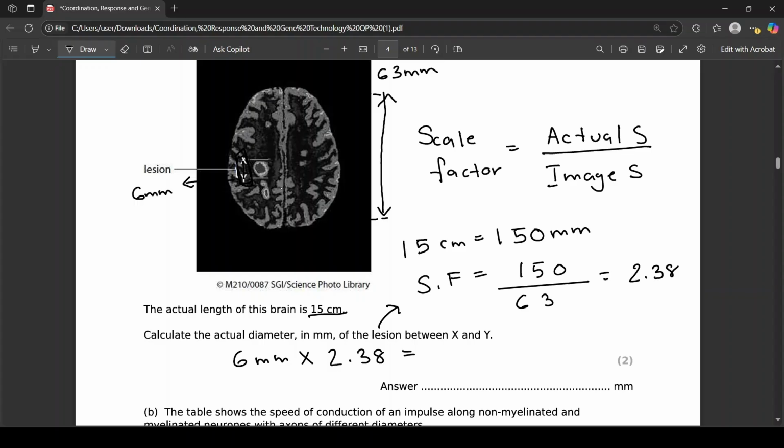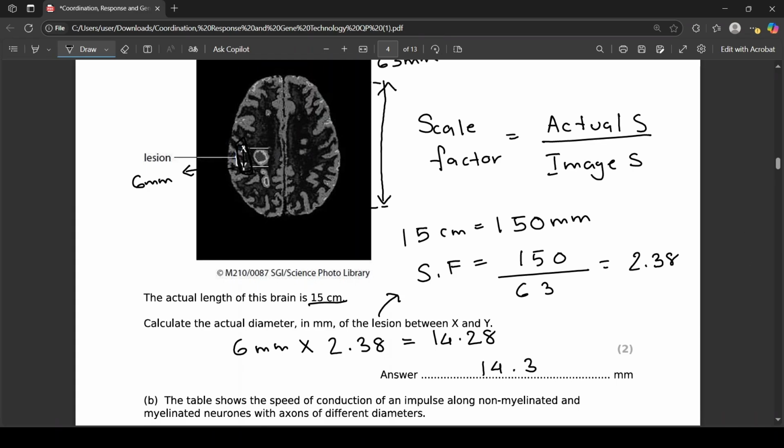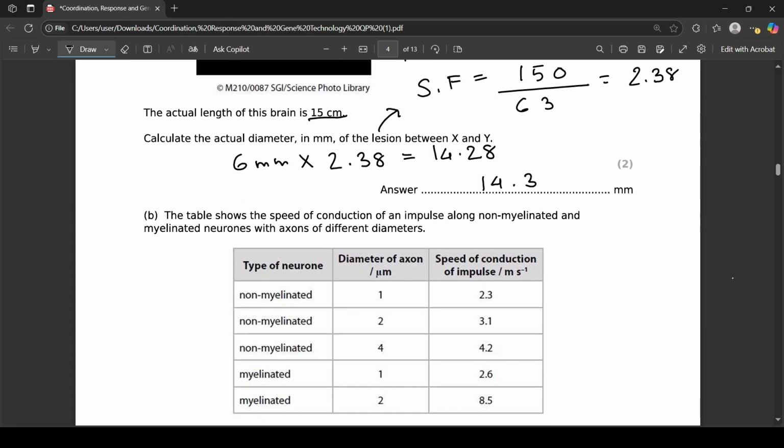So obviously we multiply it with the measurement we see on the MRI, which is 6 mm. Then we get an answer of 14.28 from calculating it. If you want, you can keep the answer like this, totally alright, but it's better to round it off, because always try to answer in 3 significant figures. So 14.3 mm is our answer. Very easy.